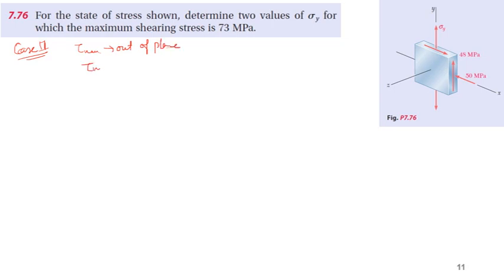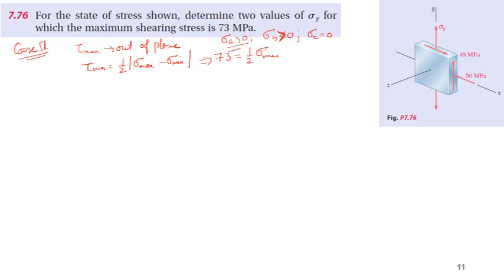In out of plane, tau max we can write 1 over 2, from the previous lecture, sigma max minus sigma minimum. And we know that tau max is 73 megapascal, 1 over 2 sigma max, because for out of plane shear stress, sigma A will be tensile and that will become sigma max. Sigma B will again be tensile and sigma C will be 0.